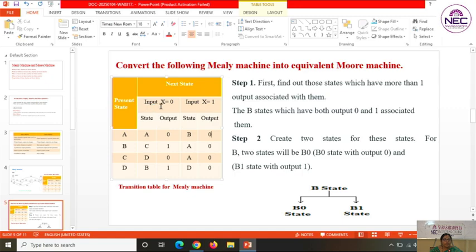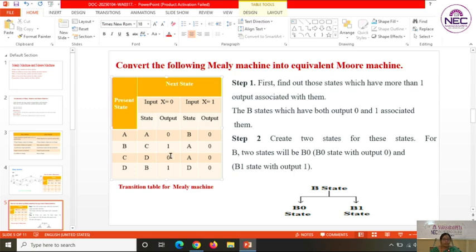If input x is equal to 0, the B state output is 1. So, there are two different outputs. So, the B state is split into two states, B0 state and B1 state. B0 state indicates output 0 and B1 state indicates output 1.